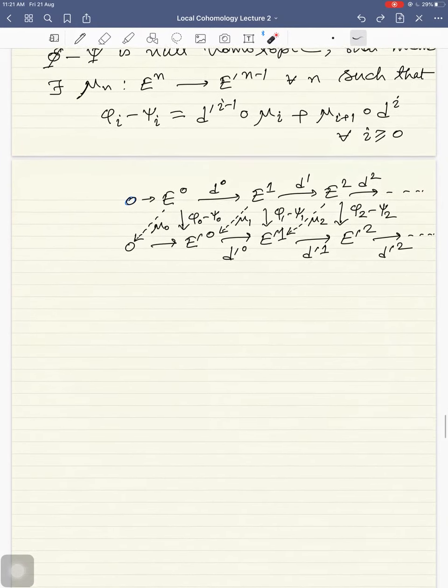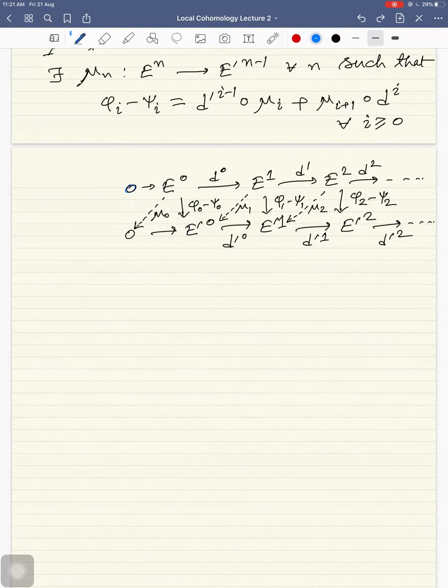As a corollary, I stated this in the first class, but here we can prove it.